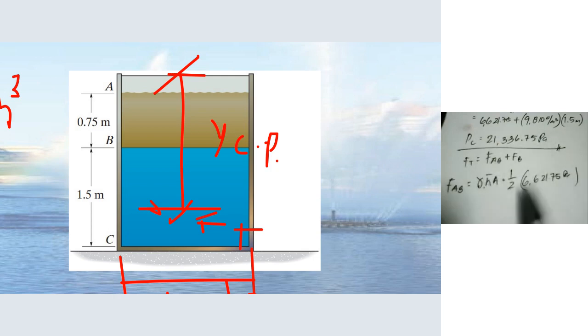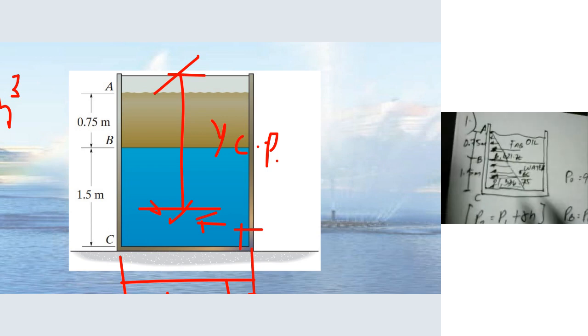Okay? So, yan. Multiply tayo dito ng 1/2 because H bar yung kailangan dito. Okay? So, satisfied na yung gamma H bar. We just have to multiply the area.